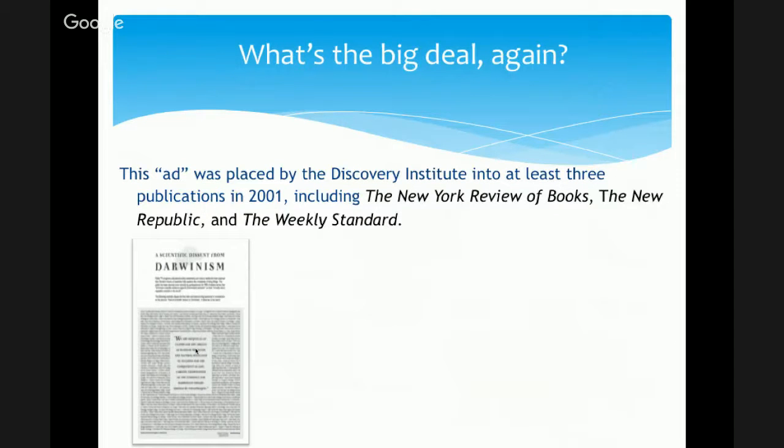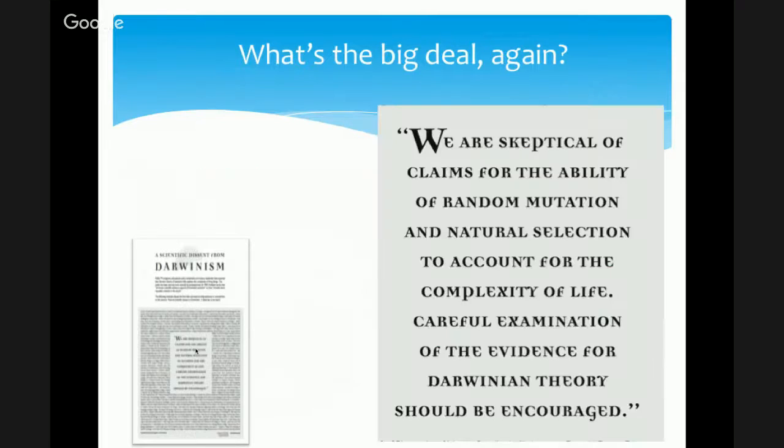So this here is an ad that was placed by the Discovery Institute, which is sort of the ringleaders of the anti-evolution movement. They're out in Seattle. They're the ones behind intelligent design. And they placed this in a bunch of publications back in 2001. And essentially, they got 100 people to sign on to this statement that said, we are skeptical of claims for the ability of random mutation and natural selection to account for the complexity of life.